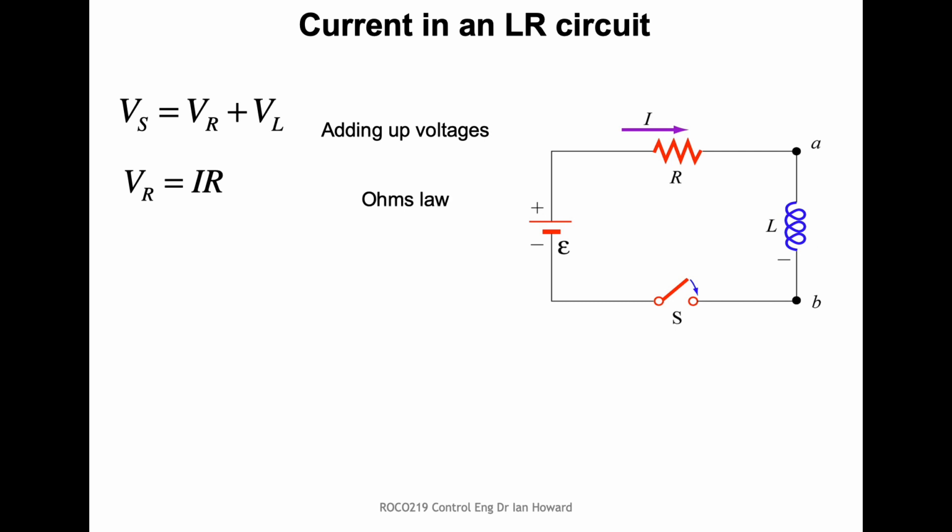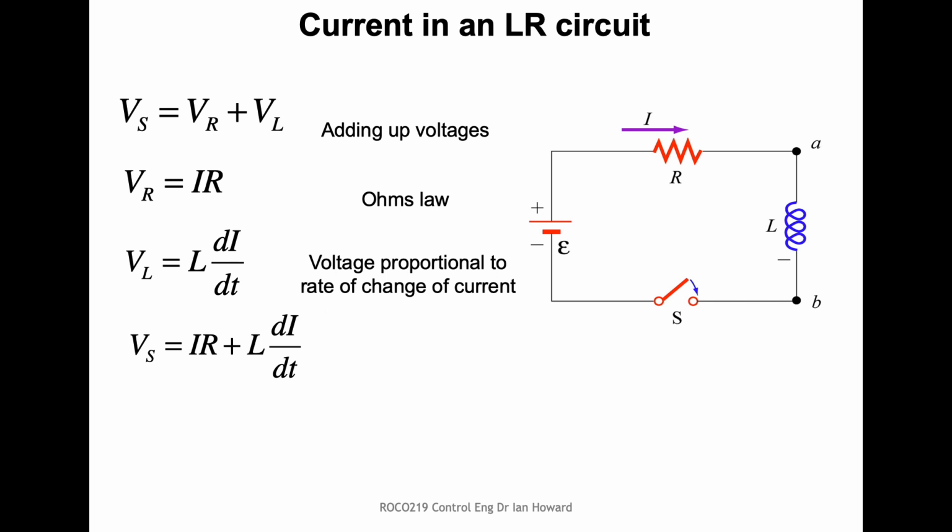So VR equals IR. For the voltage across the inductor, V equals L di dt. We can substitute these both into the first equation, and we end up with Vs equals IR plus L di dt.